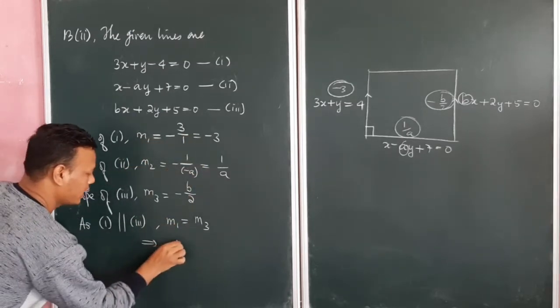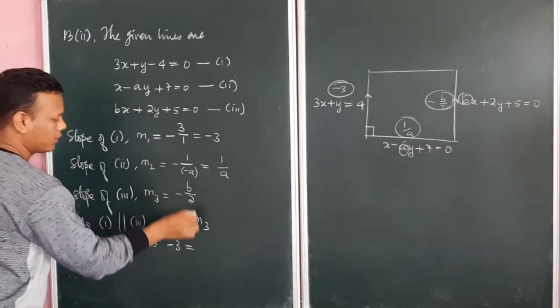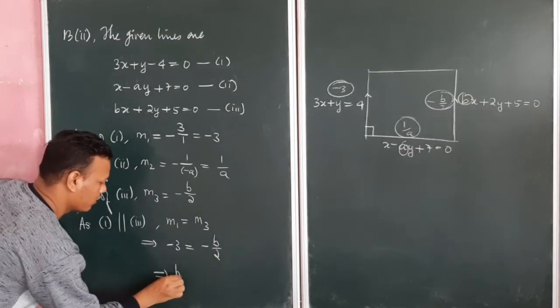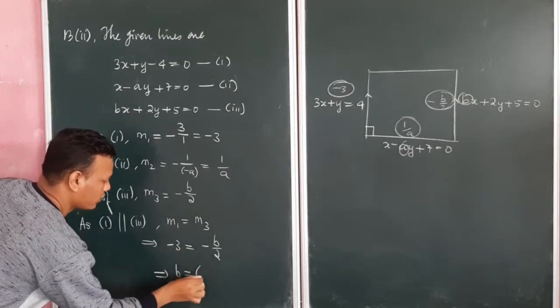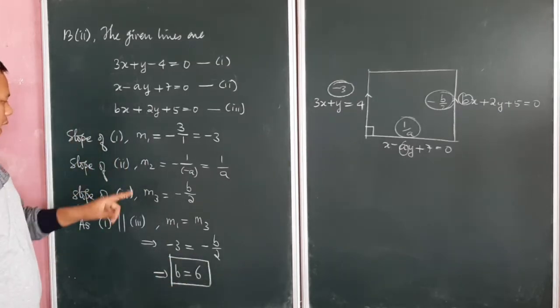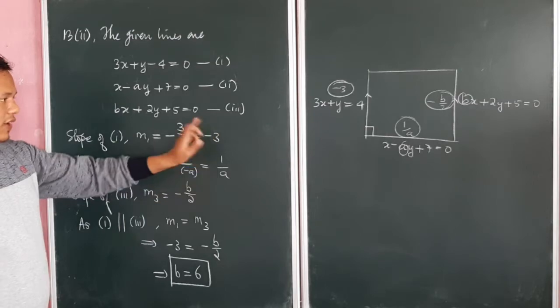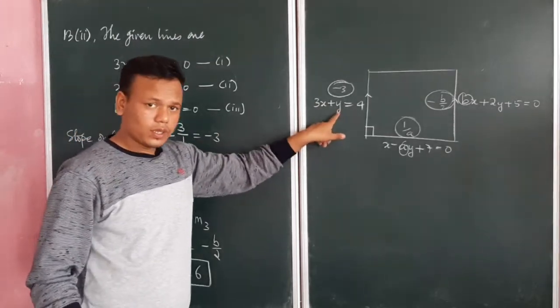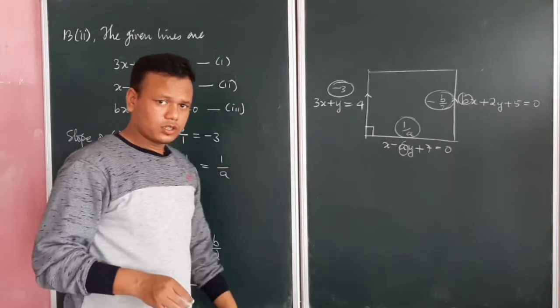It is -3, equal to m3. m3 is minus b by 2. So from here, what is the value of b? The value of b turns out to be 6. Okay, so we found the value of b. Now let us find the value of a, using these two. We can say 1 and 2 are perpendicular to each other, right?